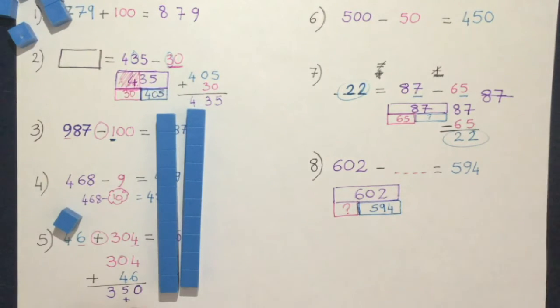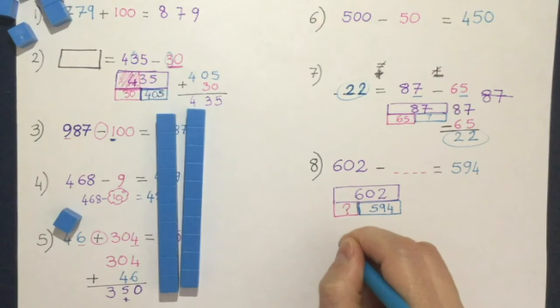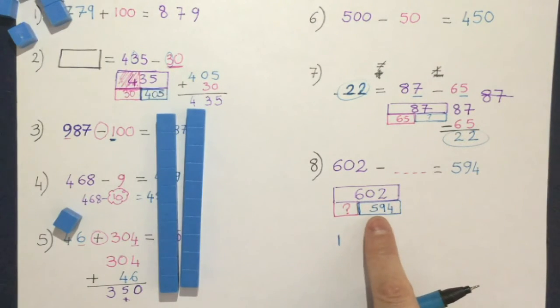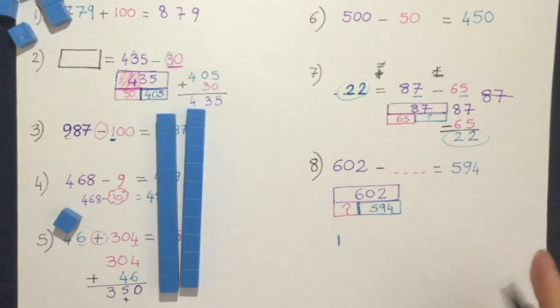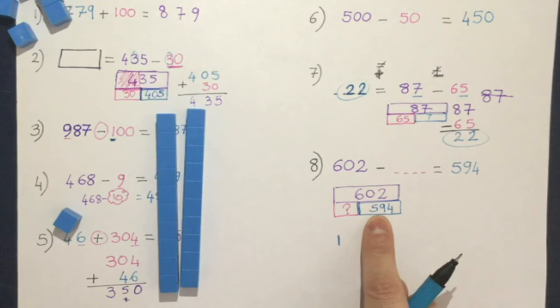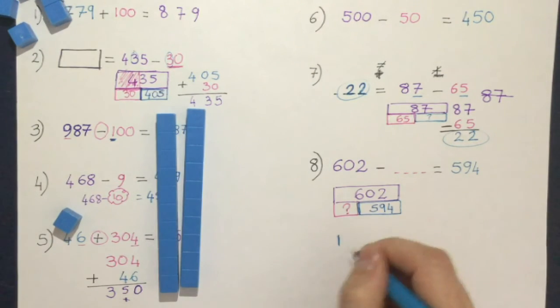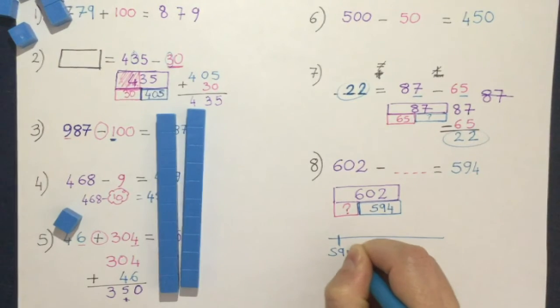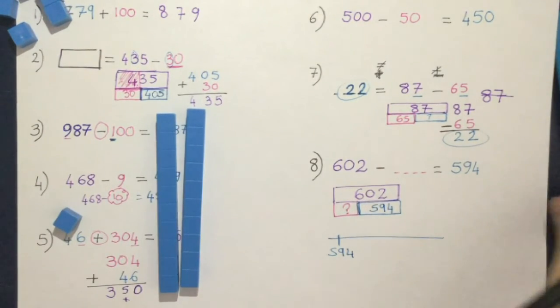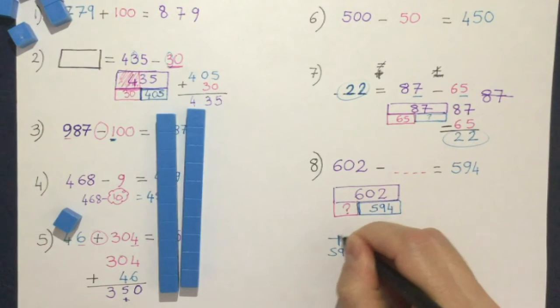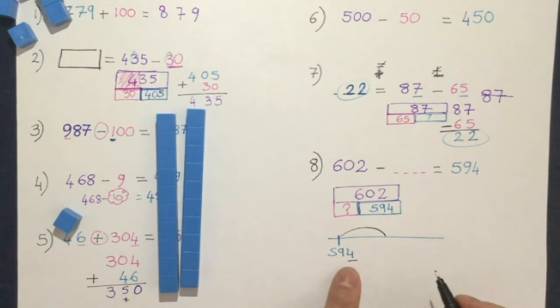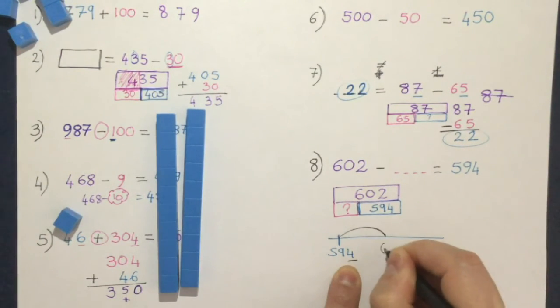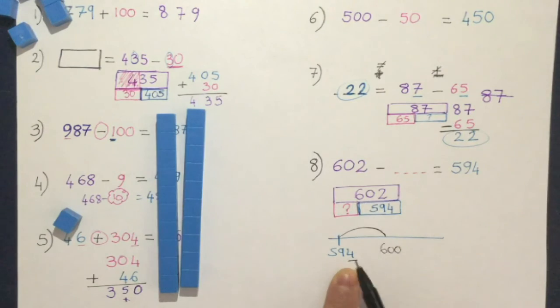How many more? Let me show you what I am thinking in my brain. I am thinking, okay, so I need to count from 594 to 602, which is not a long way to count. If I have a number line, this is 594. I am using my number bonds. How many more do I need to get to my next 10, which is 600?